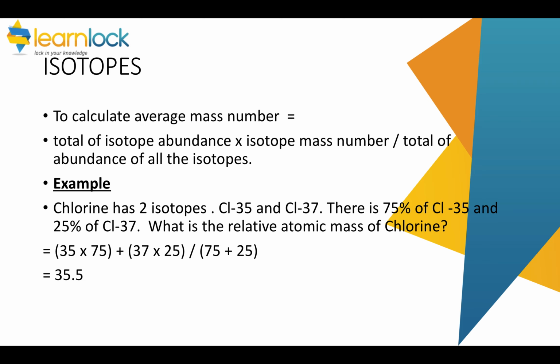Well, you would take chlorine 35 and times it by 75, and then you would take chlorine 37 and times it by 25, and then you would divide that by the total amount, which is 100, and that gives you 35.5. So that is the relative atomic mass of chlorine that you would find in the periodic table.